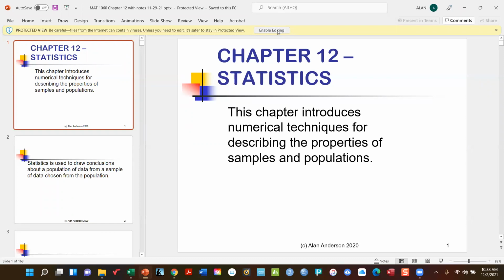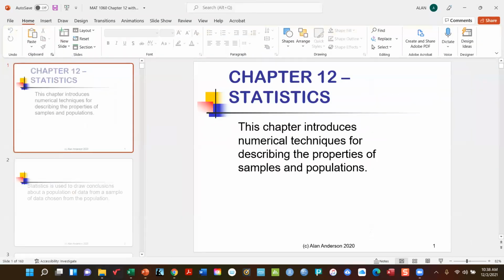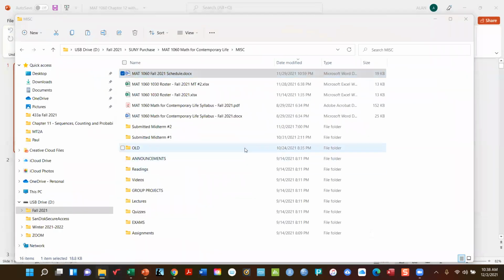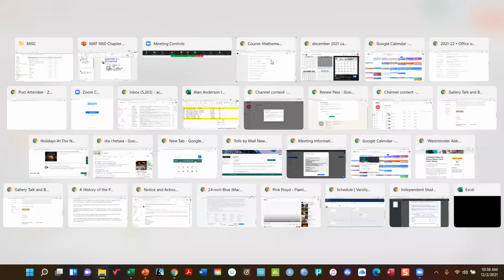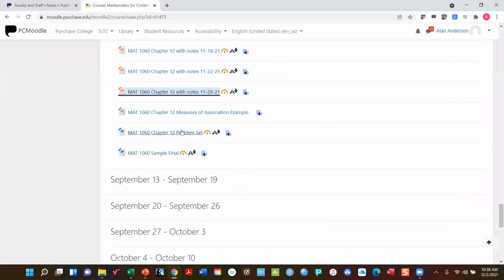Now, when you see this section, the formulas will look very, very frightening. But on the exam, oh, by the way, let me go back to Moodle, make sure I posted everything. There it is. Oh, good. Okay, so you've got your chapter 12 problem set right here. The sample final is here.